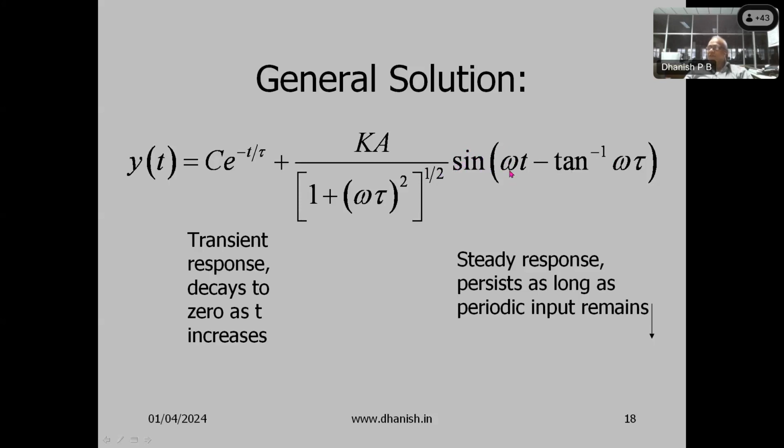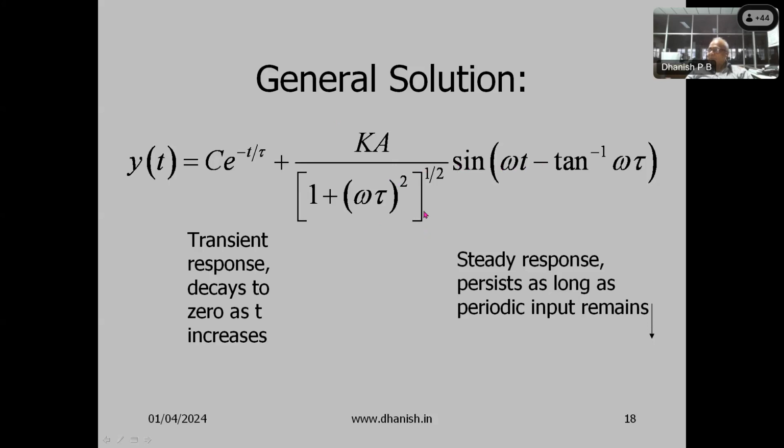There is no change in the frequency. We get the same frequency in the output signal also. So we are safe. Suppose the solution was 3 omega t or something, then we would have had problems. Luckily we get the same signal as the output, so there is no problem.